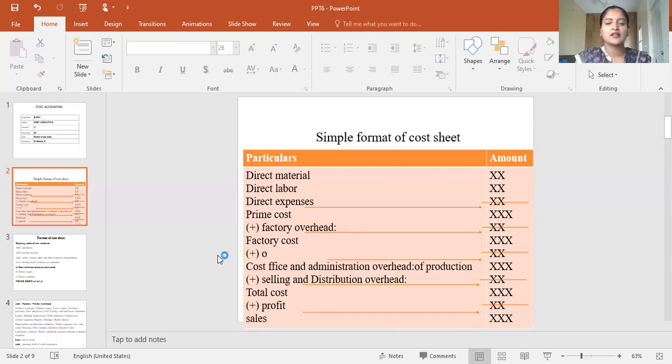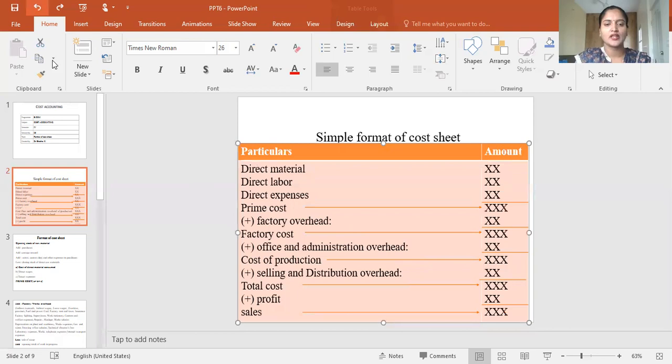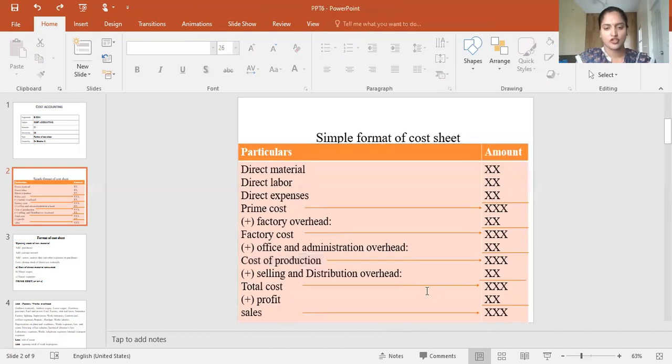Office and administration overheads are the expenses incurred at the office, and we even call them administration overheads. After adding all the expenses, we get the cost of production. This is what we call the cost of production.